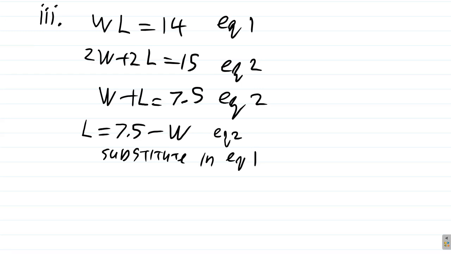We can solve this single equation as it is with two unknowns, but we can do it with one unknown. So it's W times L, but L is 7.5 minus W, so it's W times 7.5 minus W is equal to 14. See that? So, let us expand the bracket, work it out, and see what happens.